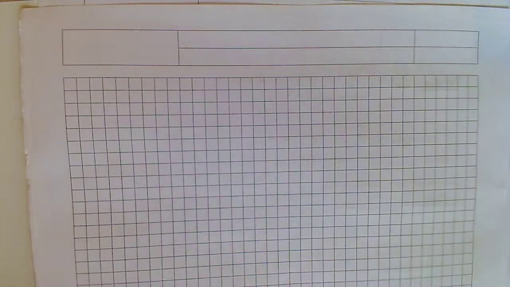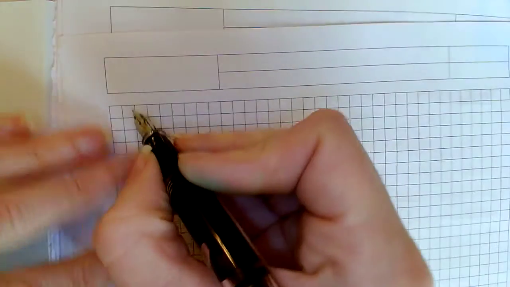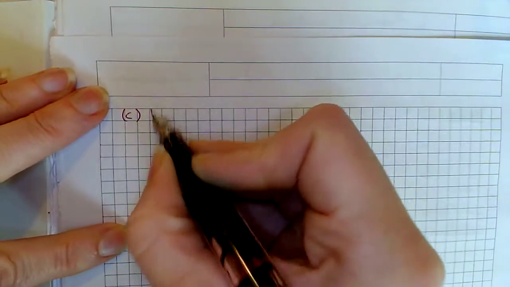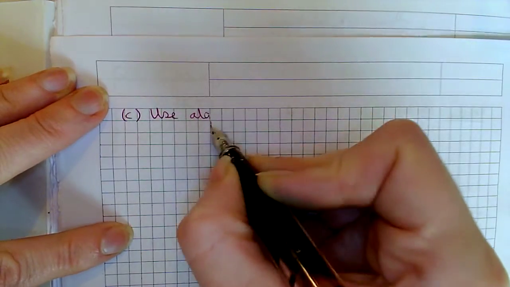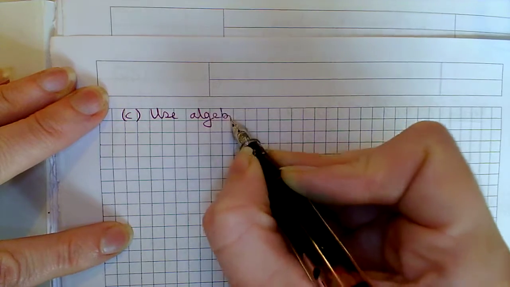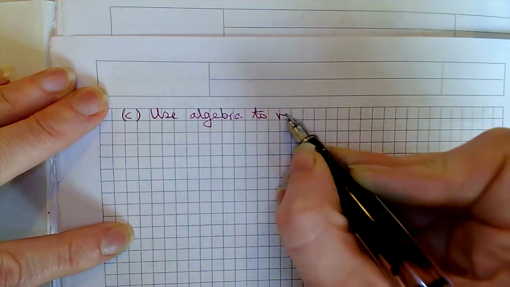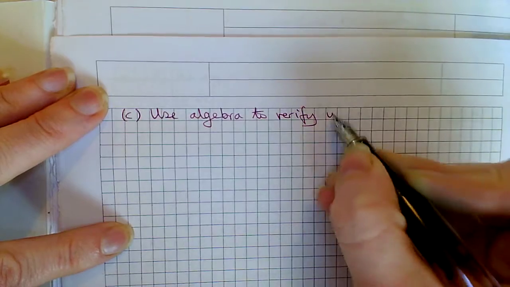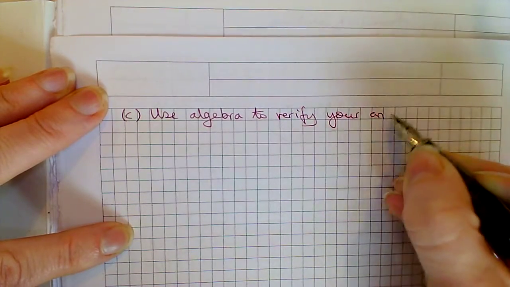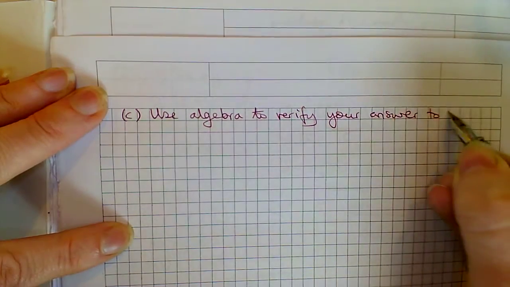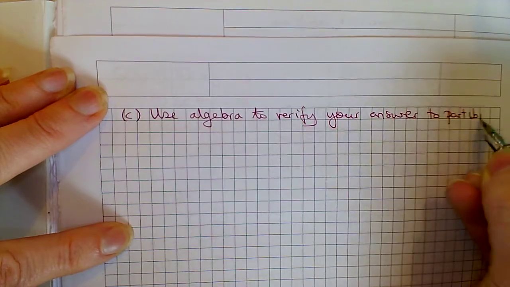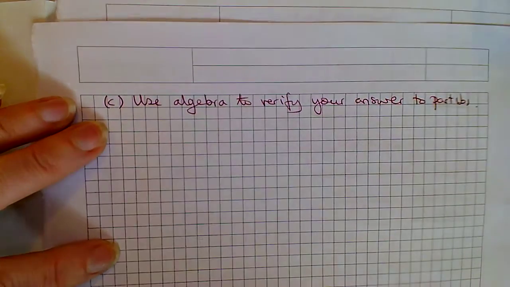Okay, the follow-up question to this then is where it starts to get back to what we've been doing all of last week. So part C asks us to use algebra to verify your answer to part B. And what are we going to do here?